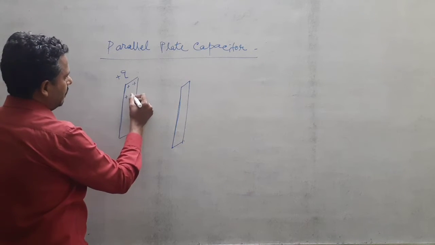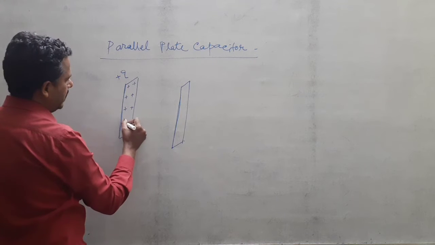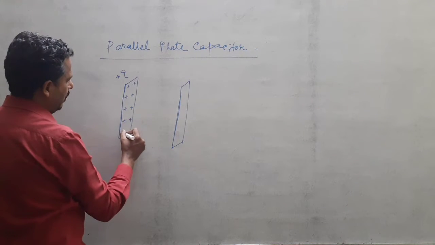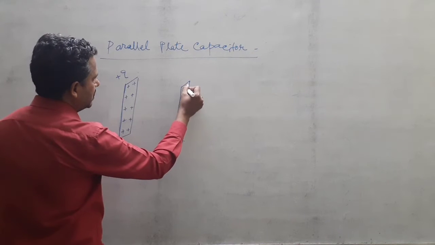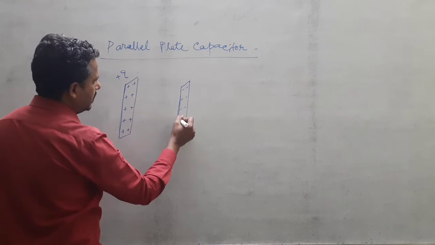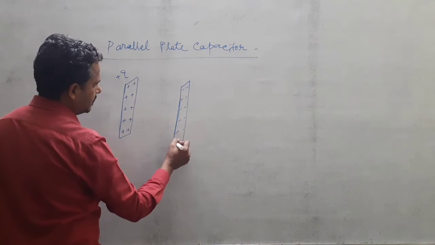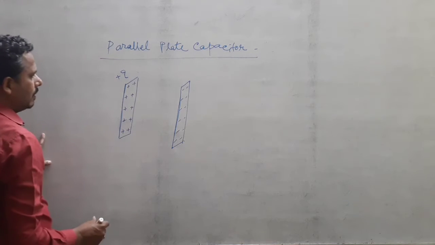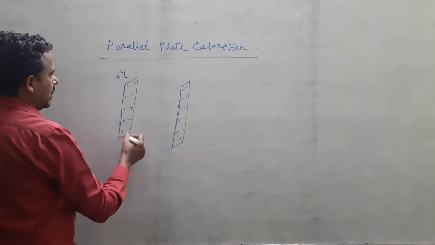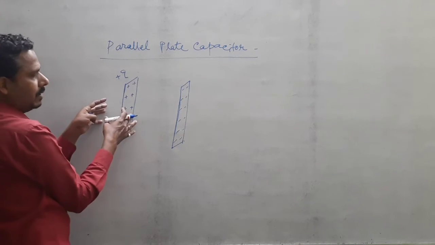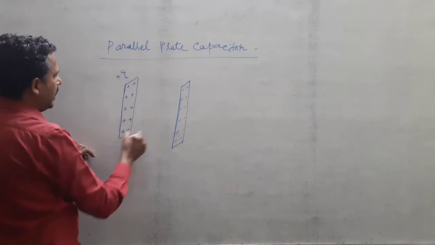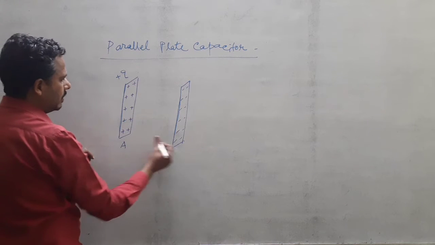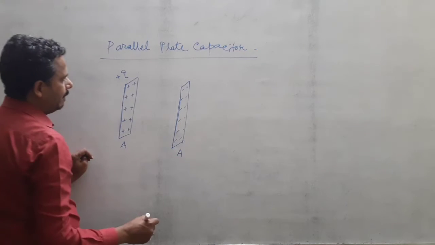The positive charge is distributed uniformly on its surface, and the negative charge is also distributed on its surface, on both faces of the plate. Suppose the area of this plate is A.